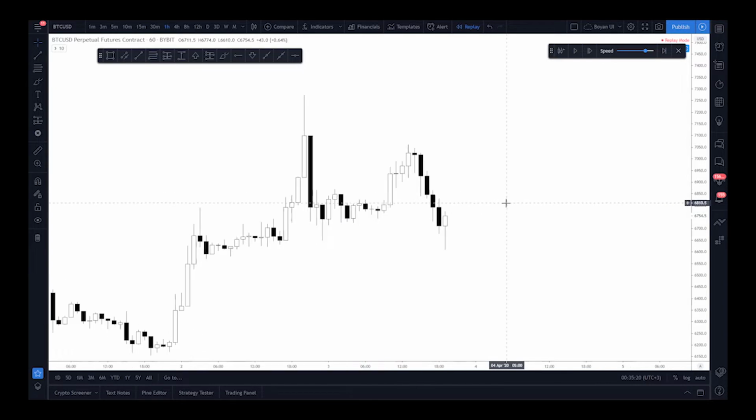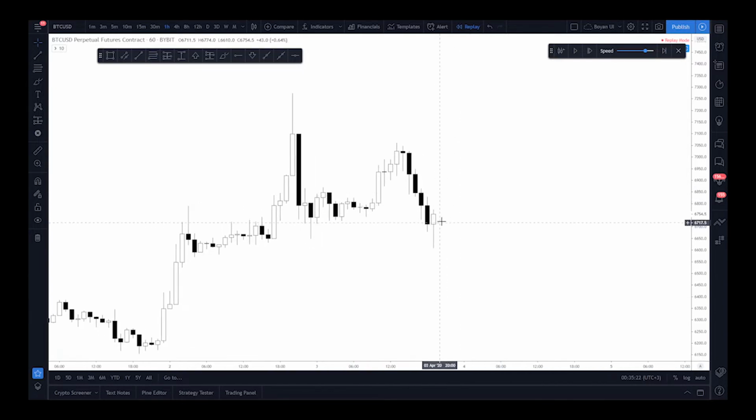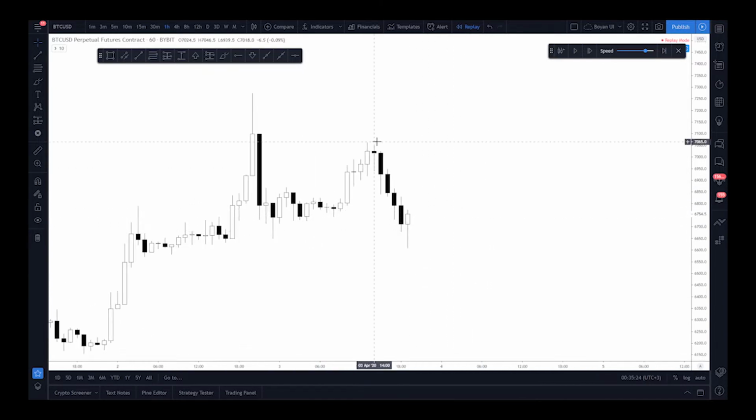What we had yesterday was this hourly candle at the end of a local downtrend. Before we enter a trade, we want confluence between a few other levels.